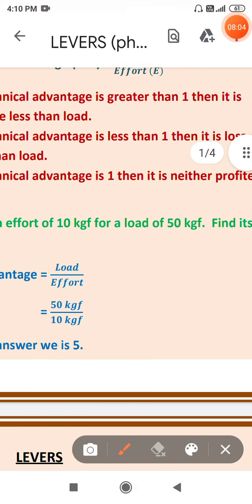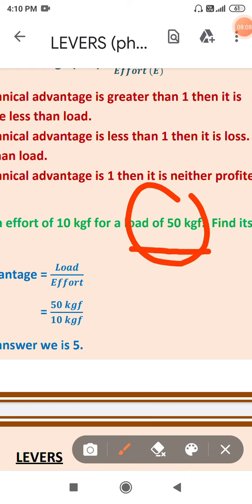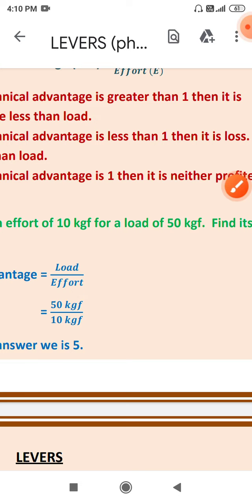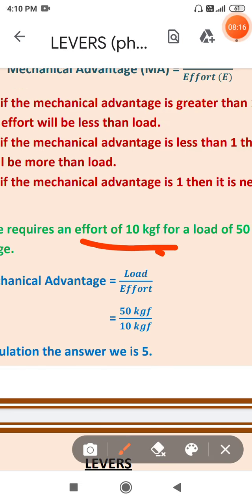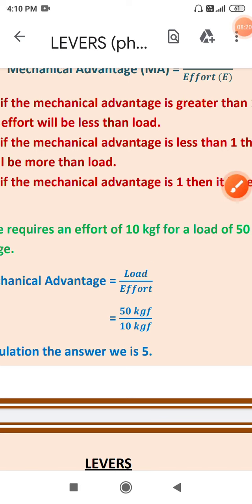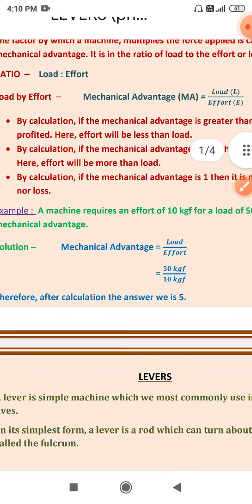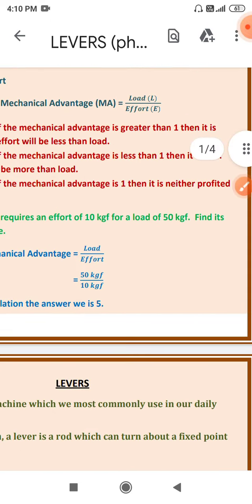Load is equal to 50 kgf, we are going to write it over here, and effort is equal to 10 kgf, we are going to write it over here. Over here load is always in the place of numerator and effort is always in the place of denominator. Now by calculation, the answer we get is 5.